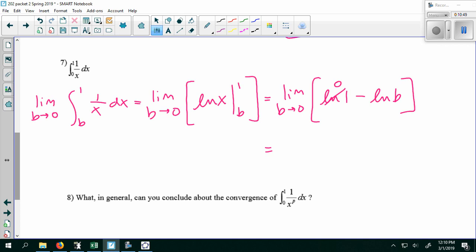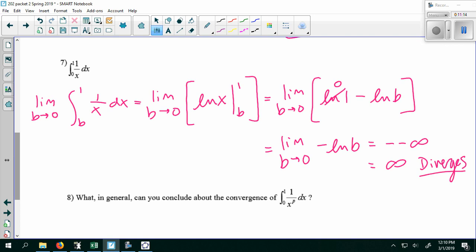And then the ln of b, as b goes to 0, goes to negative infinity. So I've got the limit as b goes to 0 of negative ln b, which is negative infinity, which is infinity. So this diverges.